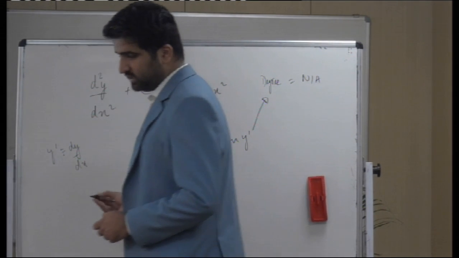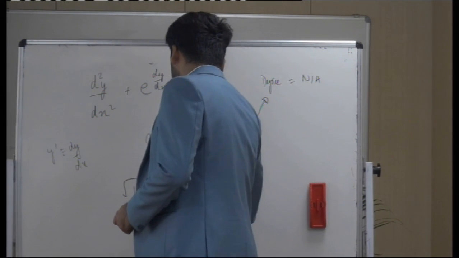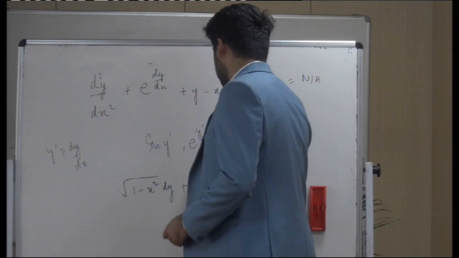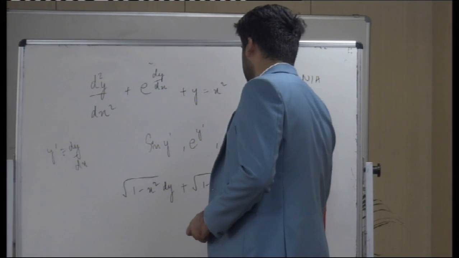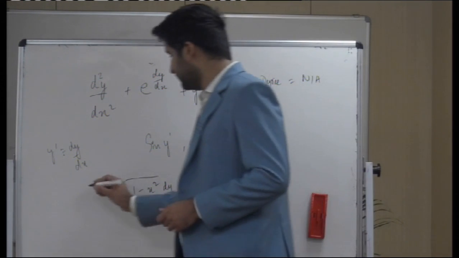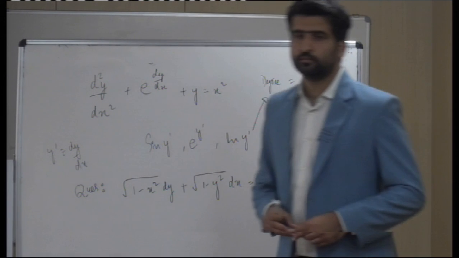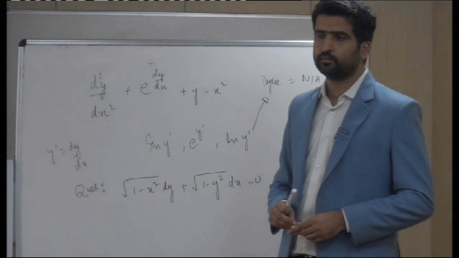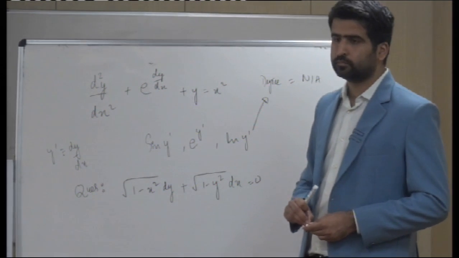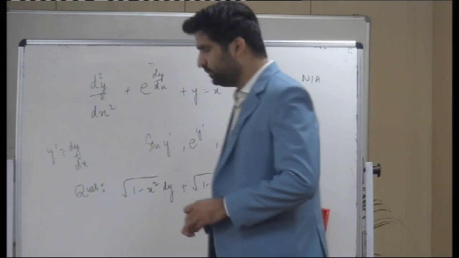Similarly, if we have root 1 minus x square dy plus root 1 minus y square dx is equal to 0, can you tell me what is the degree and the order of this equation? Degree 1 and order also 1. How?